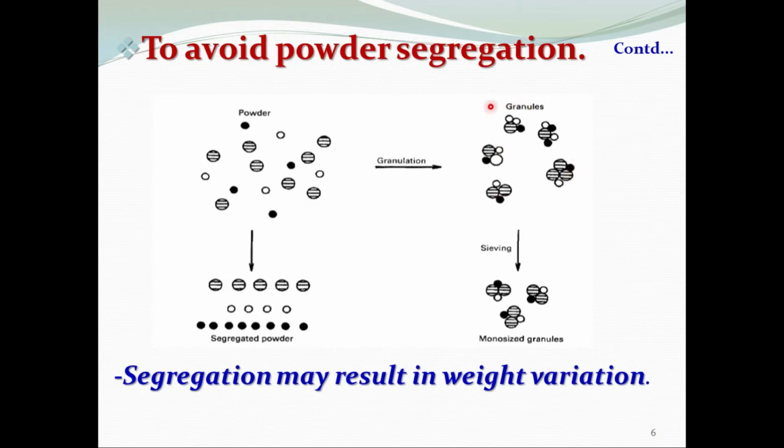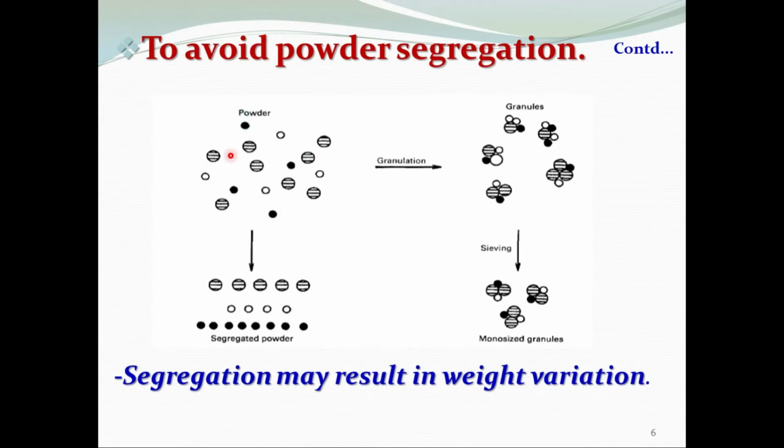and form granules. As you know, in tableting or in preparing a powder blend, we need to follow a number of steps, like blending and then compression. During that, your powder is continuously in a shaking motion.